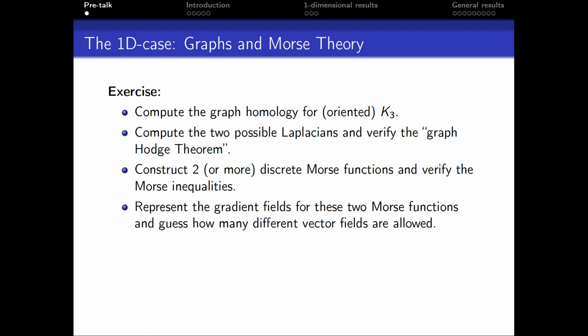Because if you are at a vertex, then you are a local min, and if you are on an edge, you're a local max. So you have 6 critical cells: 3 critical vertices, 3 critical edges. How about here? What seems critical? 0 and 2. So this is critical and this is critical.